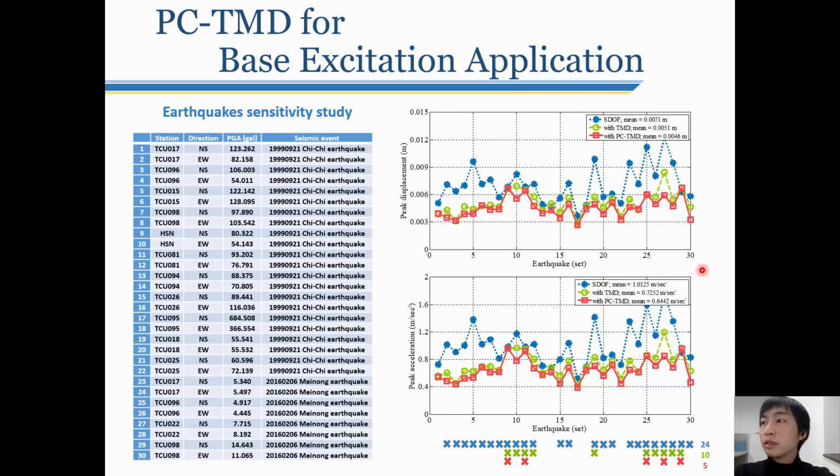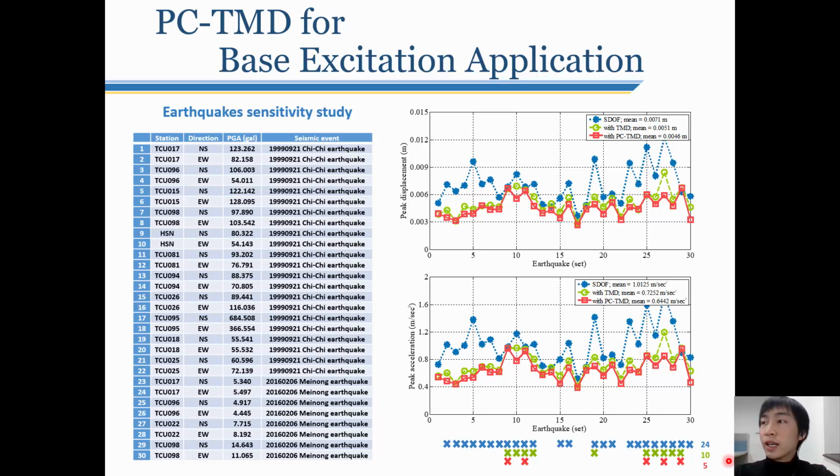We further simulate another 30 earthquakes to check the feasibility. All earthquake peak ground accelerations are scaled to the same scale. Without control, 24 of these 30 earthquakes do not meet the requirement.